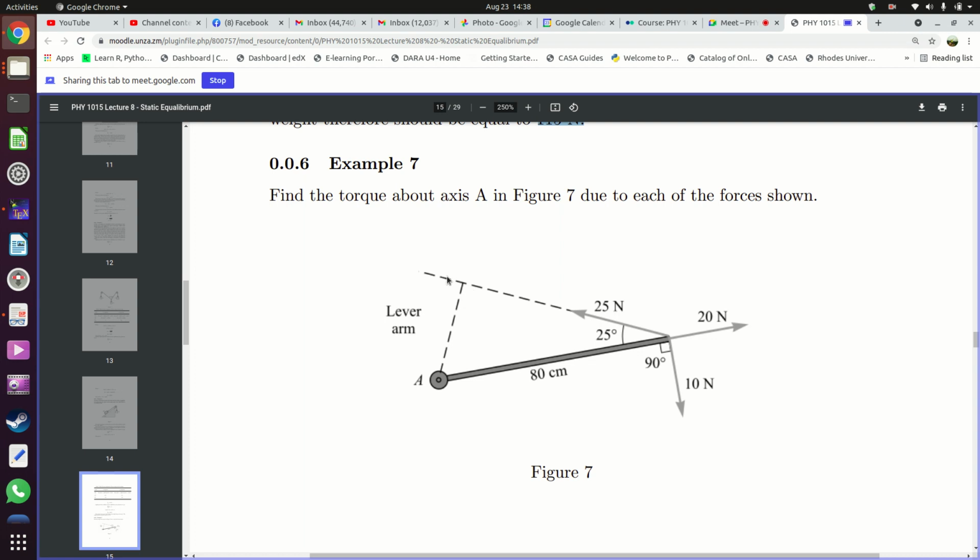When you draw a line from the pivot up to the line of action, you meet it at an angle of 90 degrees. This line, which meets the line of action at an angle of 90 degrees, drawn from the pivot, is what is referred to as a lever arm. Are we clear?